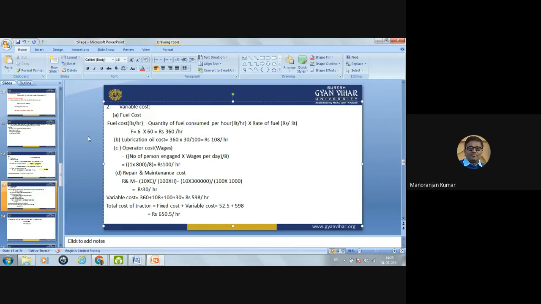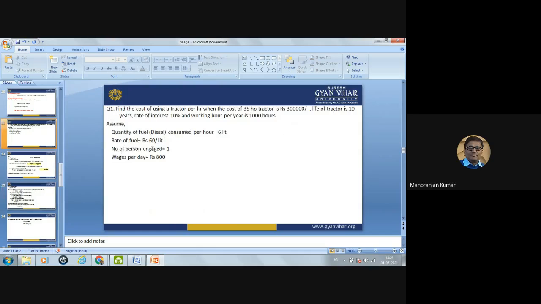Now after this, you have to calculate the operator cost. Some operator should be there, maybe the driver or some worker who is working in the field. In the question there is only one operator, the number of persons engaged is one. I think only the driver is there. What is the wage of this person? 800 rupees per day.